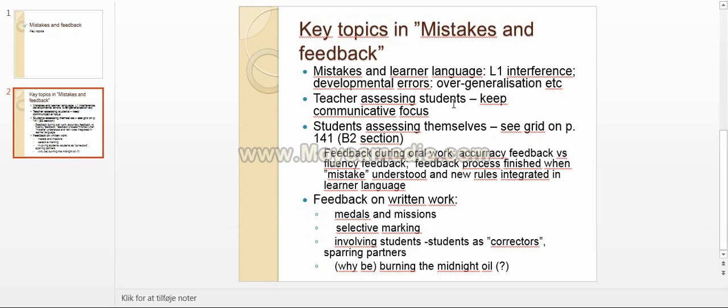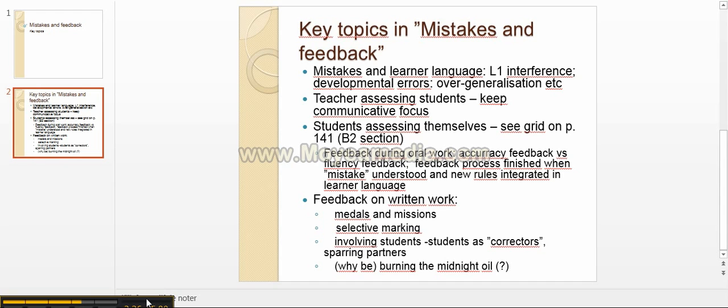So when it comes to oral work and feedback, you can distinguish between accuracy feedback and fluency feedback. Sometimes the communication is in danger of breaking down completely, and here you might help as a prompter, giving them nice words so that they can get the communication back on track and don't resort to their native language.